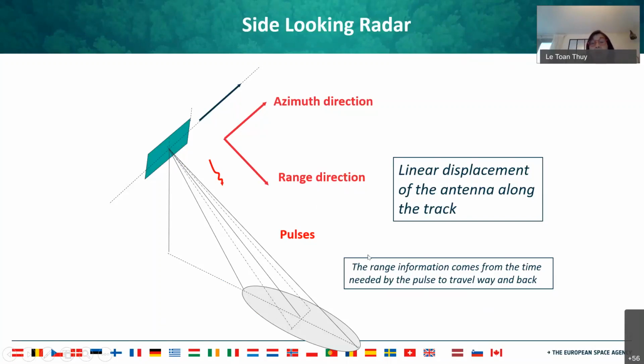And so there are two pieces of information. The range information comes from the time needed for the pulse to travel to the target and then back. And then there's the azimuth direction, which comes from the displacement of the antenna.